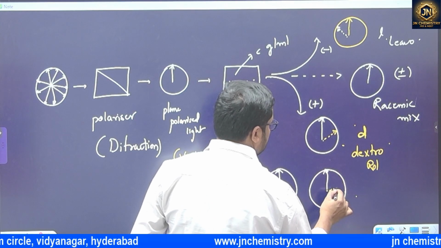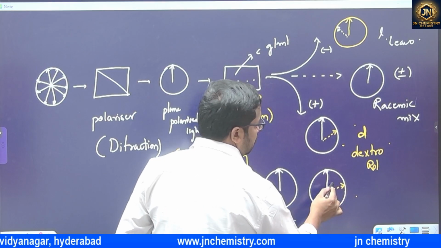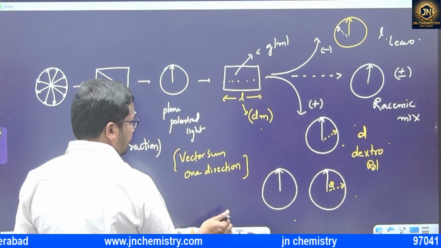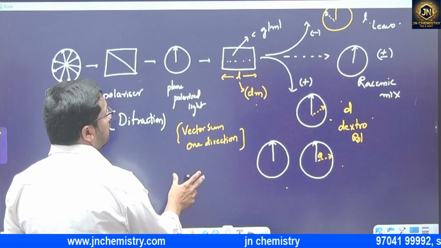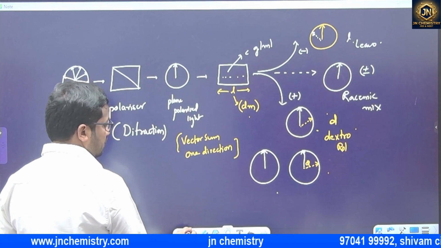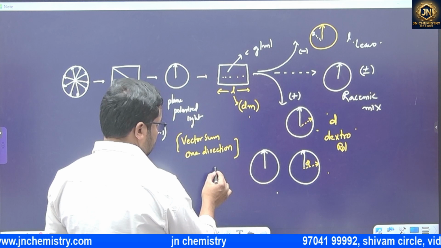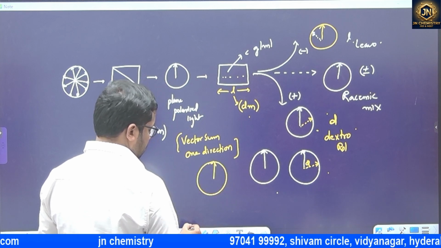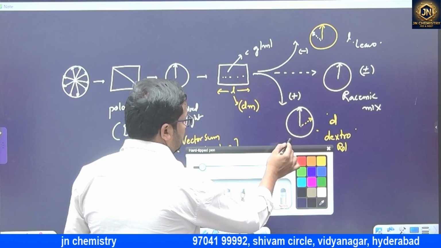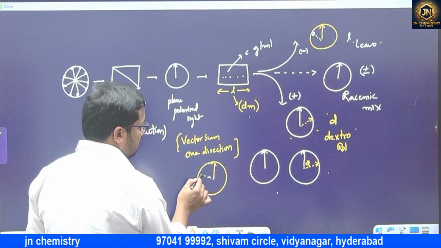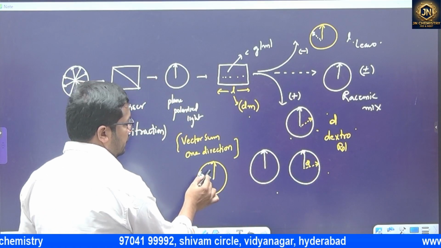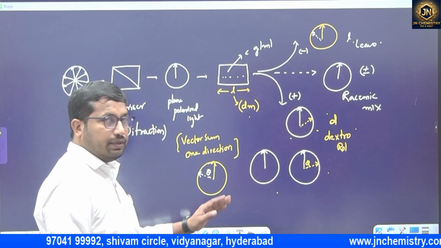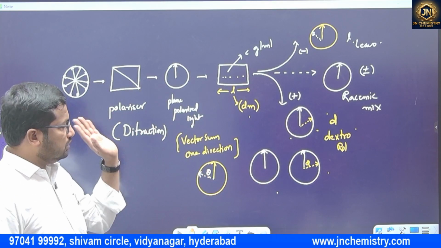So like this, the yellow color one, this is theta coming. If it is coming back side, it means left side. Theta means observed angle of rotation.